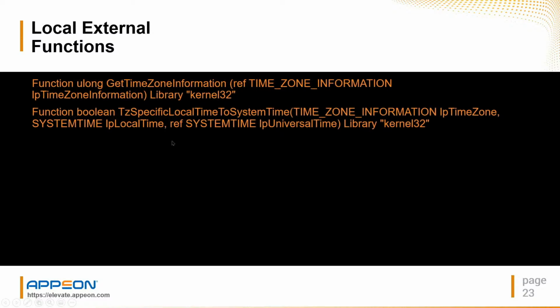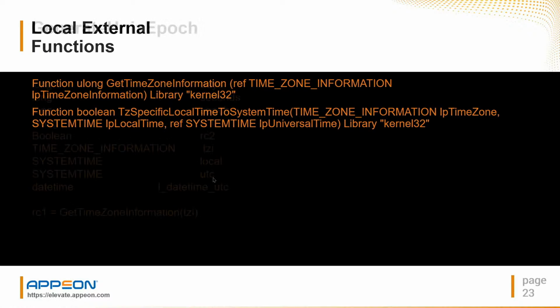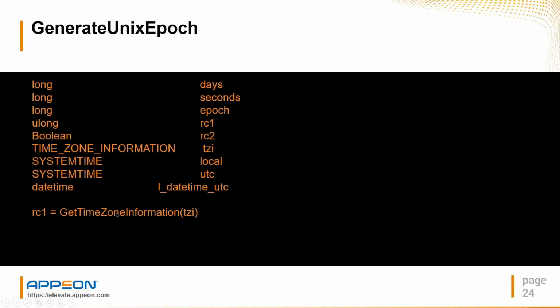To get the current Unix epoch, I use a couple Windows API functions. One of these gets the current time zone for the computer. The other one converts whatever time you've got to UTC. But you need to tell it what the current time zone is, which is why I'm using the current time zone there. So I say, tell me what the current time zone is.